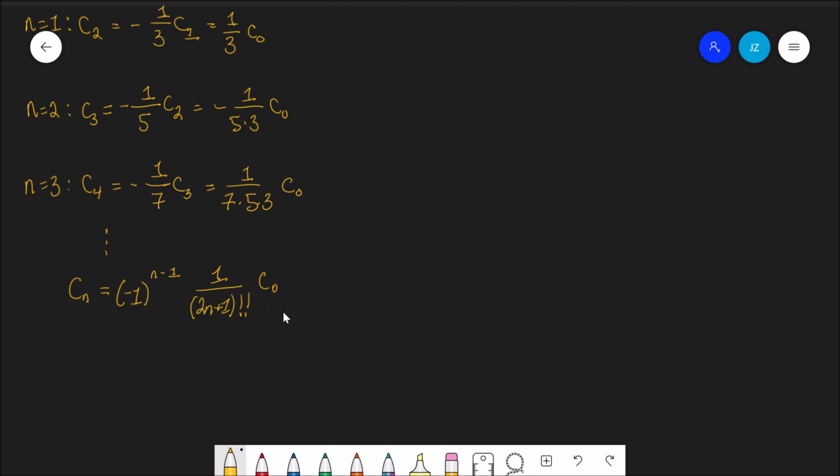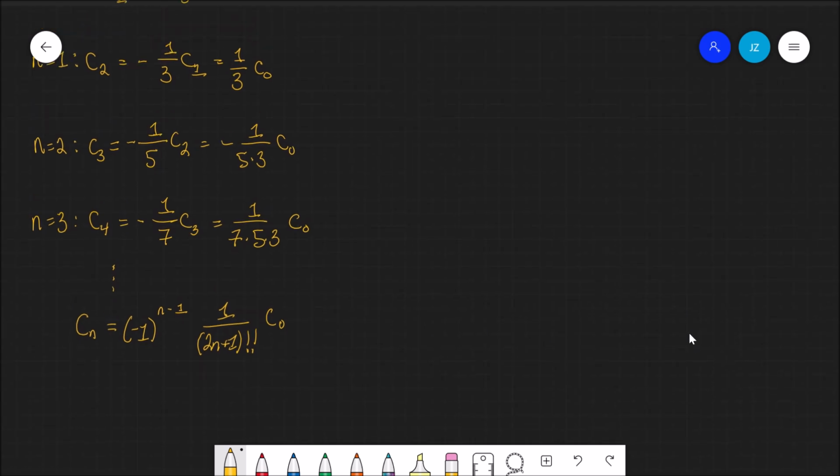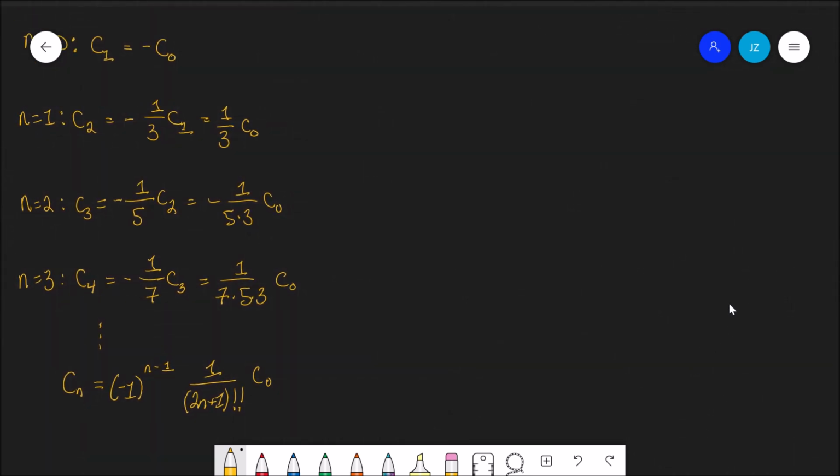Now again, C naught can be any constant. So our first solution y1 of x is equal to x to the 0 times the summation n equals 0 to infinity.